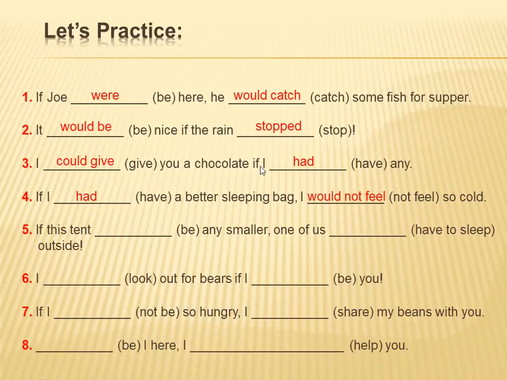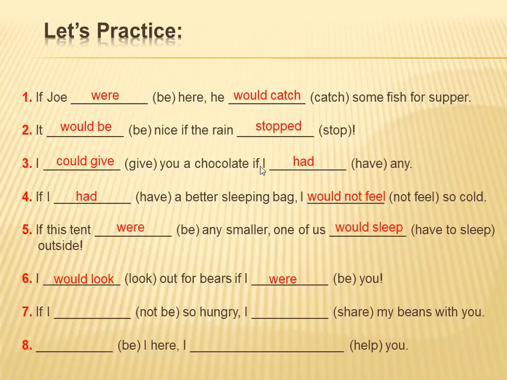Number 5, if the distance what? Was or were? Were, yes. If the distance were any smaller, one of us would sleep outside. One more, number 6, I would look out for bears if I were you.